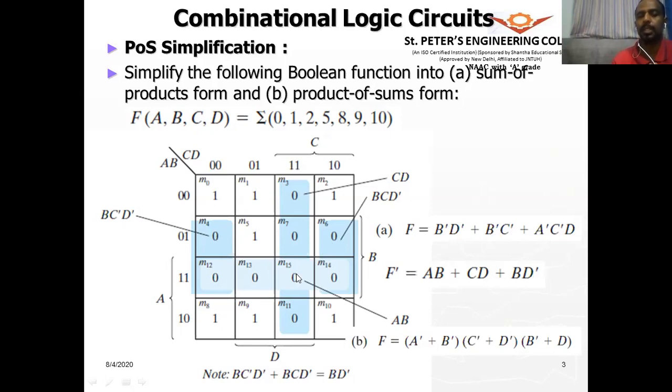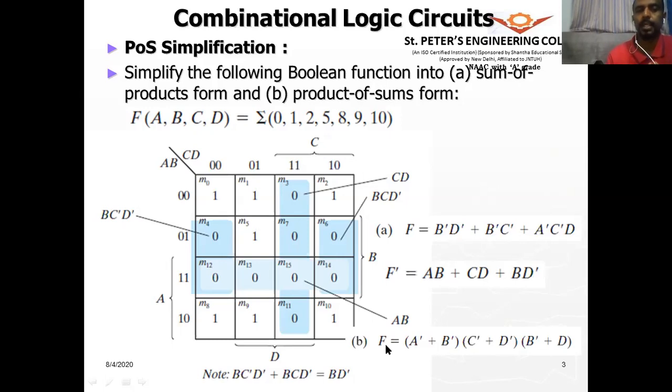Those we group by applying the rules of the corner map, and then we find that as F complement, and then we take a complement of that to get the POS form of the given expression. All right. So how we obtain SOP form and POS form, I hope it is clear.